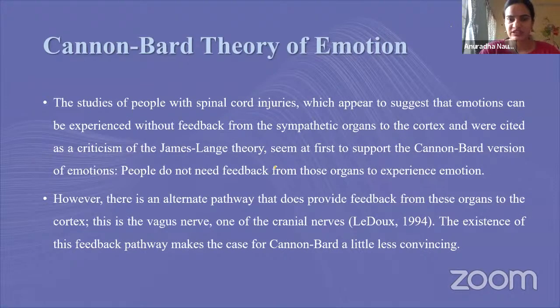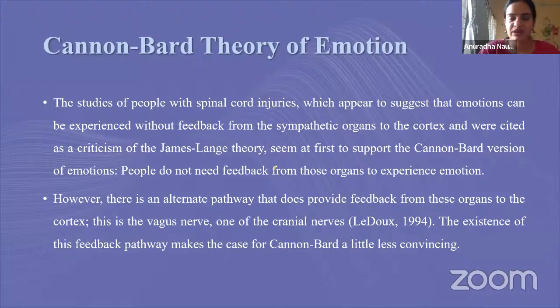The studies of people with spinal cord injuries, which we talked about before, appear to suggest that emotions can be experienced without feedback from the sympathetic organs to the cortex, and were cited as a criticism of the James-Lange theory. It seemed that the Cannon-Bard theory was supported by this, because people do not need feedback from organs to experience emotions.